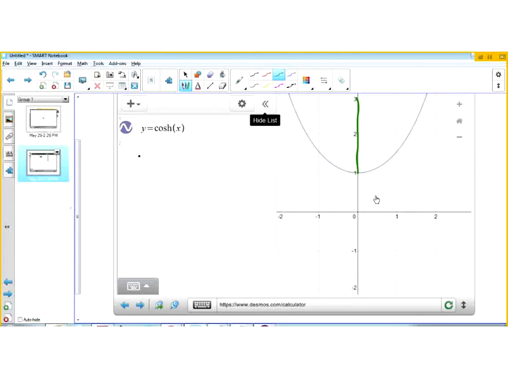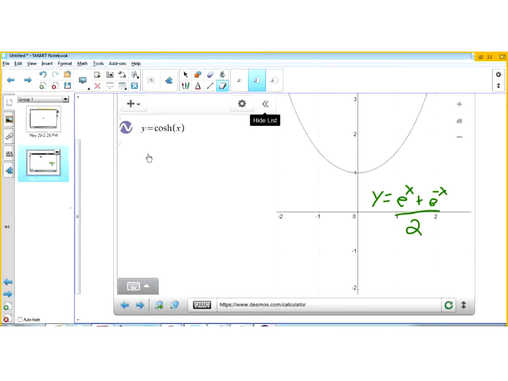Now, we know that the definition of the hyperbolic cosine function is the sum of two exponential functions, and we can see how the sum of these two functions produces the purple curve. So let's try that.